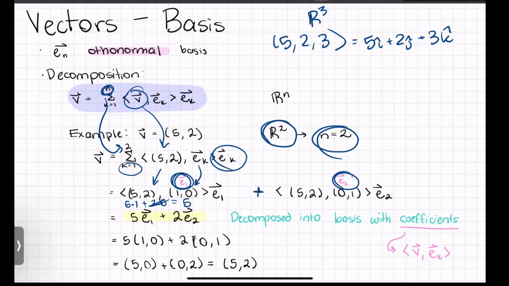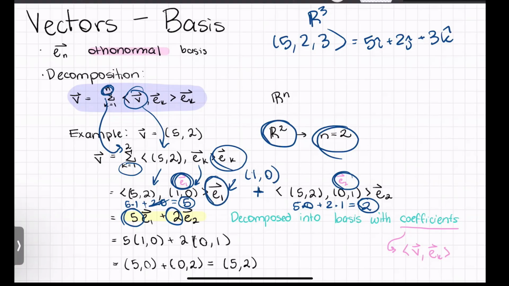Likewise, and this is our first coefficient right here. Likewise, if we take the second one, we have 5 times 0 plus 2 times 1, which is equal to 2. And again, we see this represented. I have purposely left them as their vector symbols instead of representing them as 1, 0.